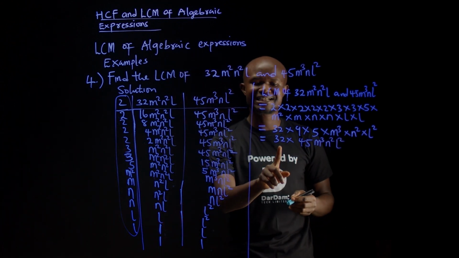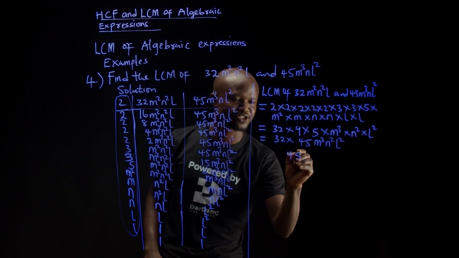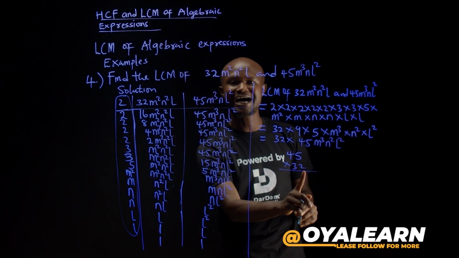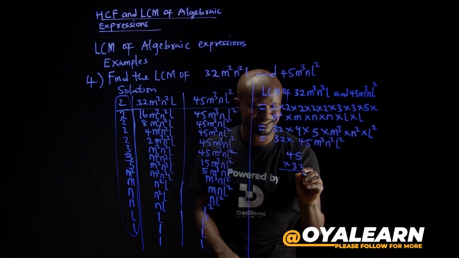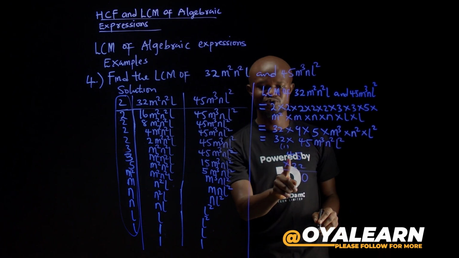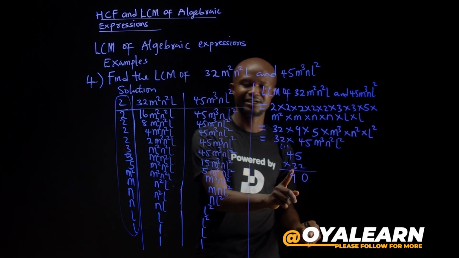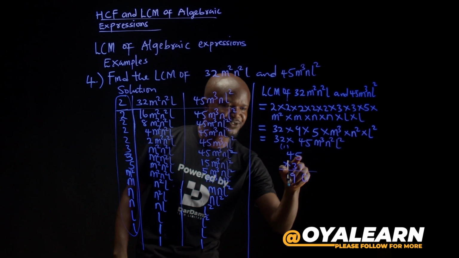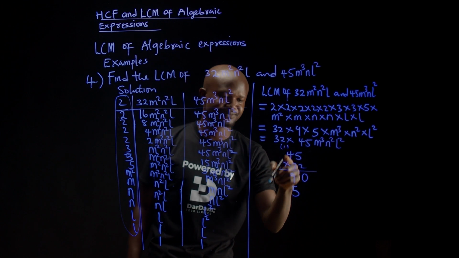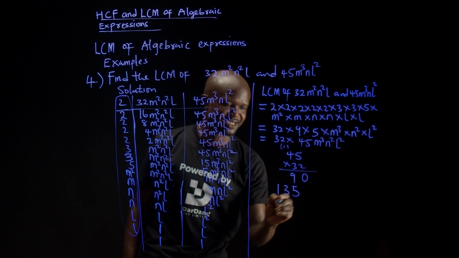Now, we need to multiply 32 by 45. Let's do that. 45 times 32. From the back, 2 times 5 is 10, we carry 1. 2 times 4 is 8, 8 plus 1 is 9. Now let's use 3. 3 times 5 is 15, we also carry 1. 3 times 4 is 12, 12 plus 1 is 13.